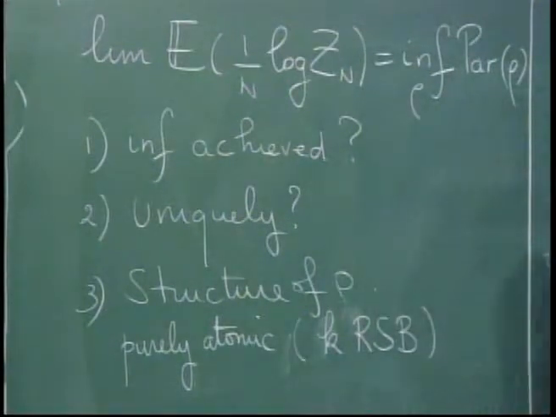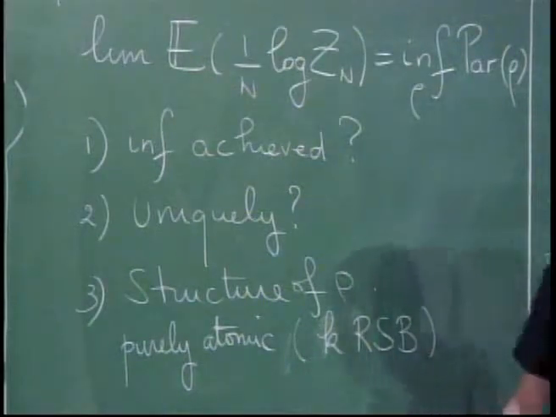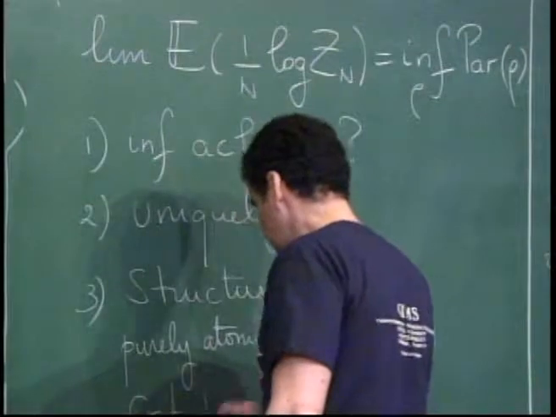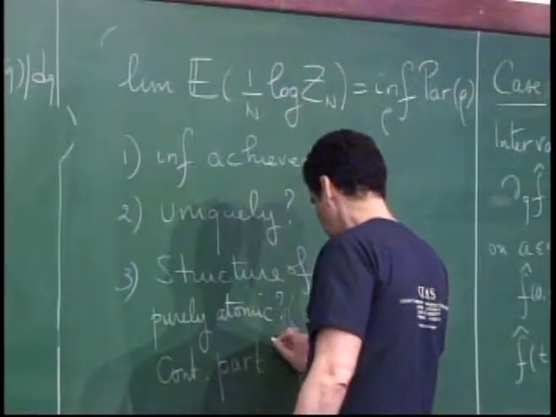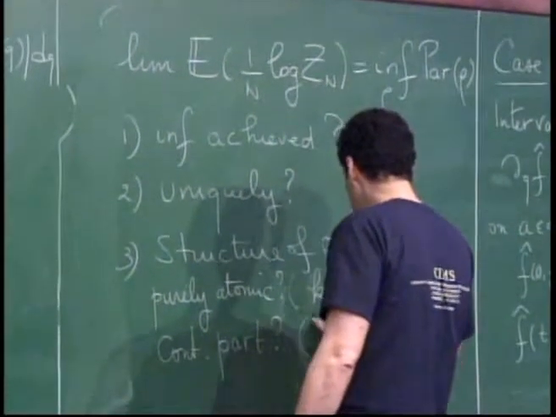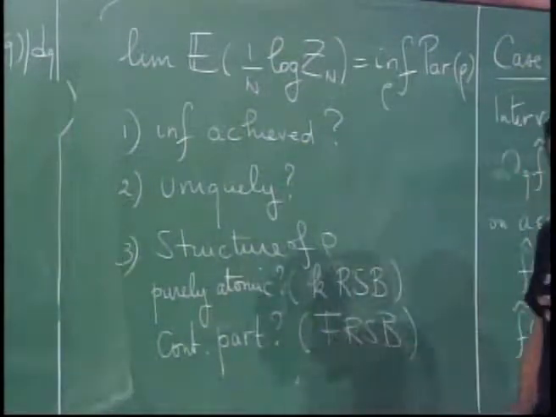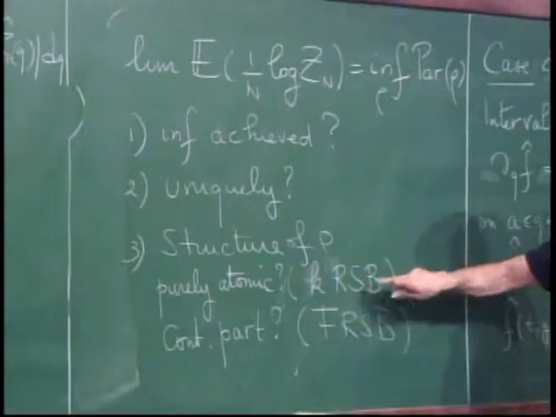And K here is the number of atoms minus 1. Okay? Or does it have a continuous part? And then in general, we say that there is full replica symmetry breaking. F means full. RSB means replica symmetry breaking.